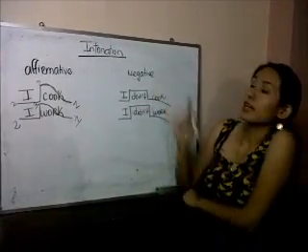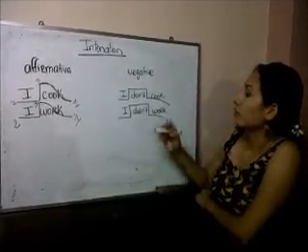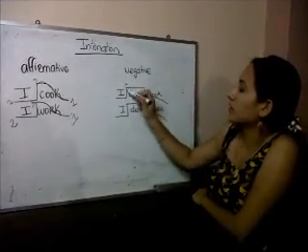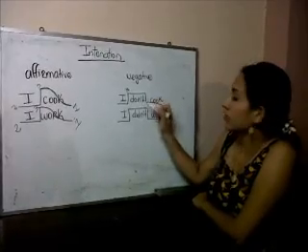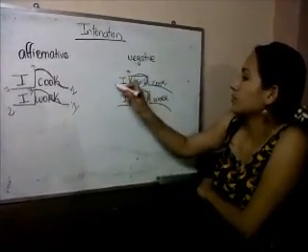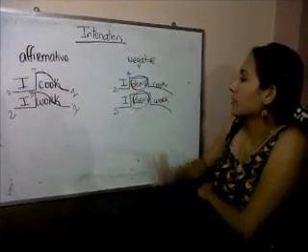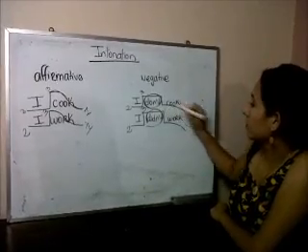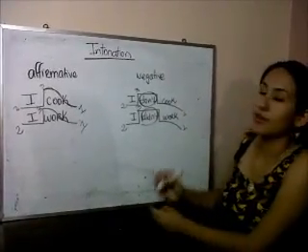But in negative sentences, the content word is the negative word, don't or didn't in those examples. The standard, the high intonation, and finally the slow intonation.